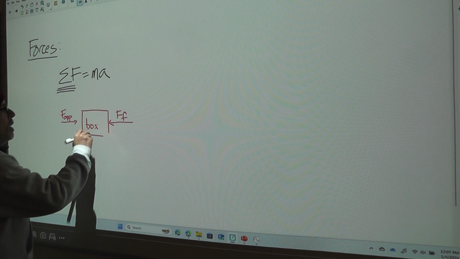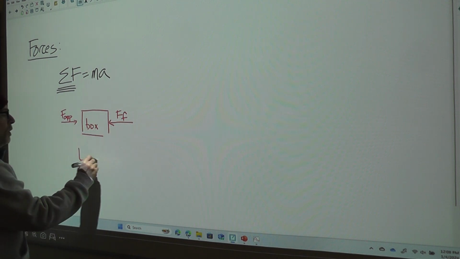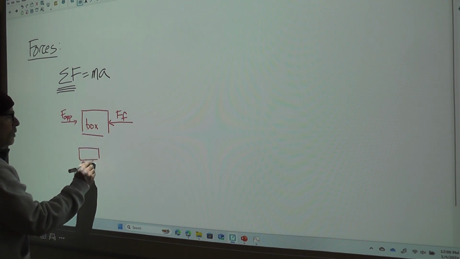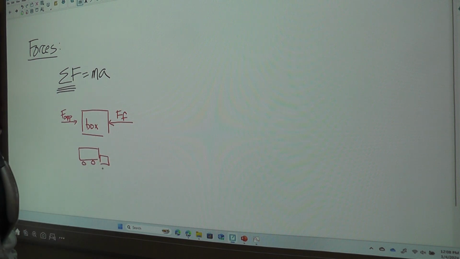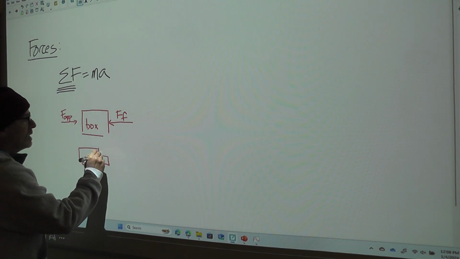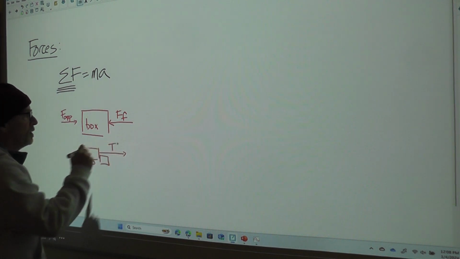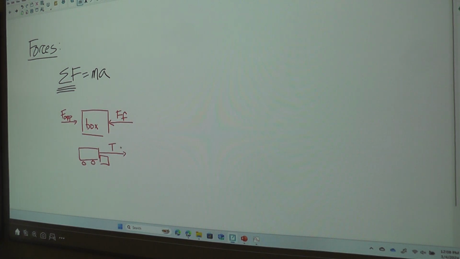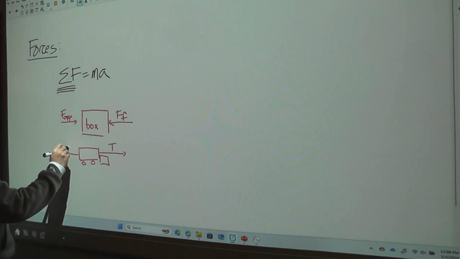We also did the same thing with our cart with the little block of wood in front of it, where there was a pulling force from tension, and friction was in the opposite direction.